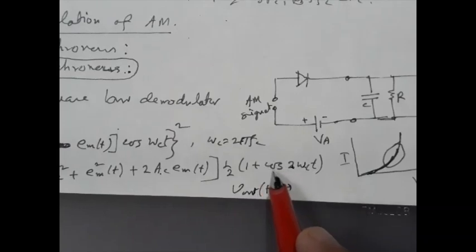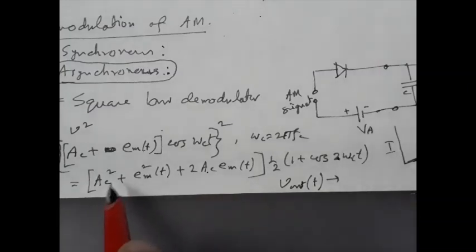So terms involving cos 2 omega ct are removed, not present. So terms involving 1 will be there. So here we have 3 terms. Forget about this half. First of all, AC square.